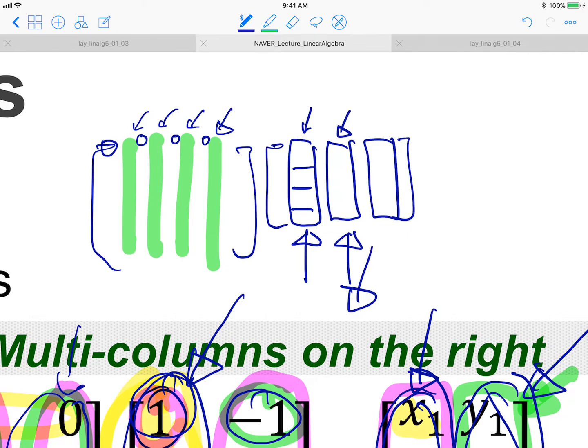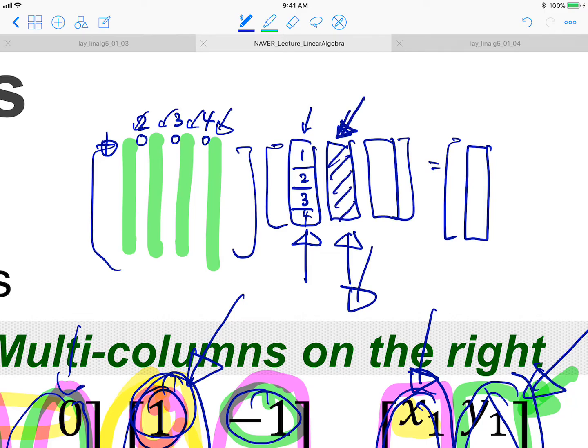And suppose that is 1, 2, 3, 4, then the first column in our resulting matrix will be the linear combination of these 4 using the coefficients 1, 2, 3, 4. Okay, and then let's move on to the second column of the right matrix.